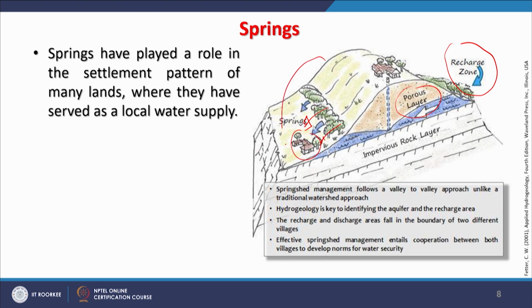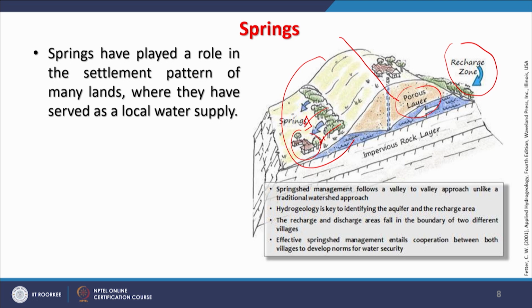The local people living here may not know which is the recharge area, but they are getting water. Sometimes the recharge area might be in a topographic high or ridge, so it is coming from the other side or another watershed or basin, but still this groundwater is emerging out on a topographic surface and providing water for local water supply.